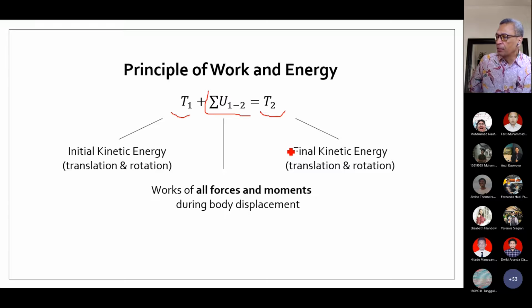So this is a very general equation, and you can use this equation whenever you find a force working on a rigid body, and you can calculate the work done by its force during the displacement of that rigid body. Then just add the total work done by all forces to the initial kinetic energy, and you will obtain the final kinetic energy of the system.